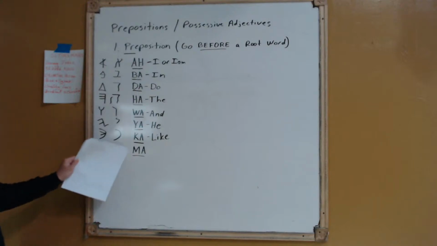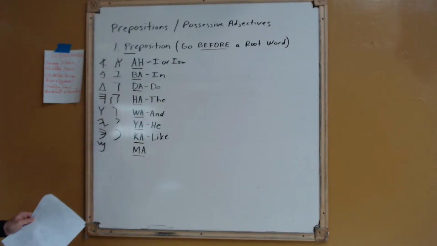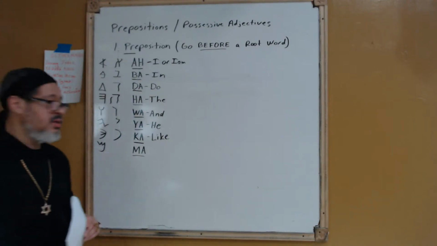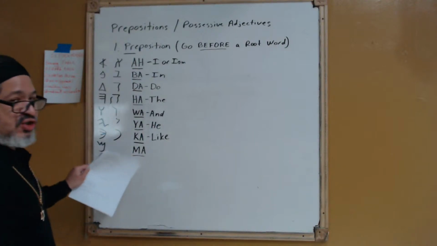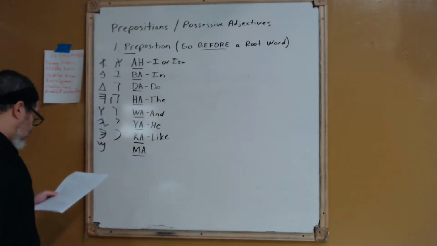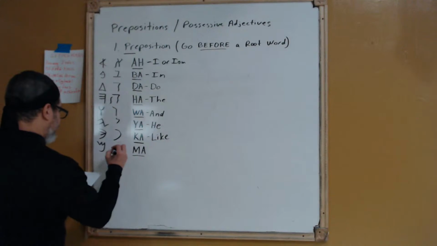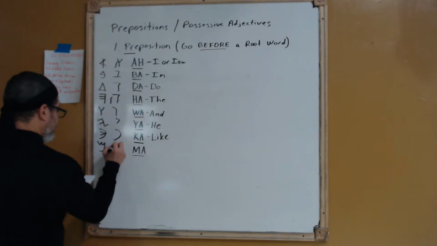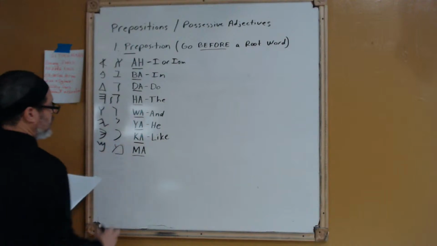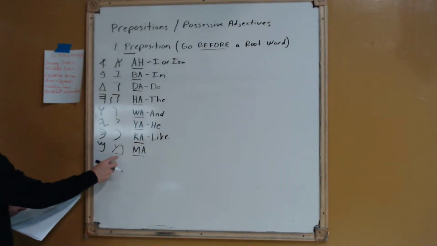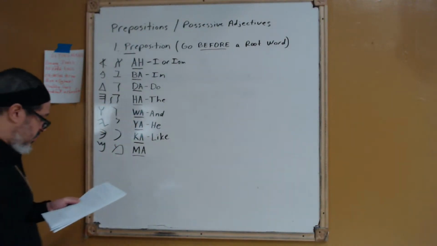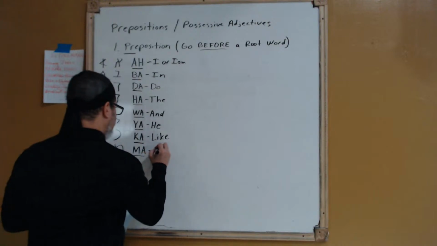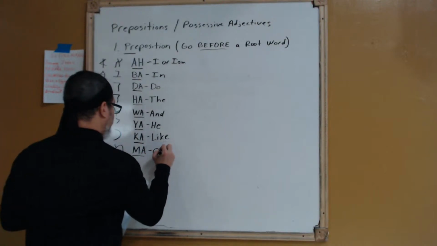And ma had two different characters too, but we are using the very start of a word, so we're only going to use this, because it's in the beginning of the word. That ma is "of".